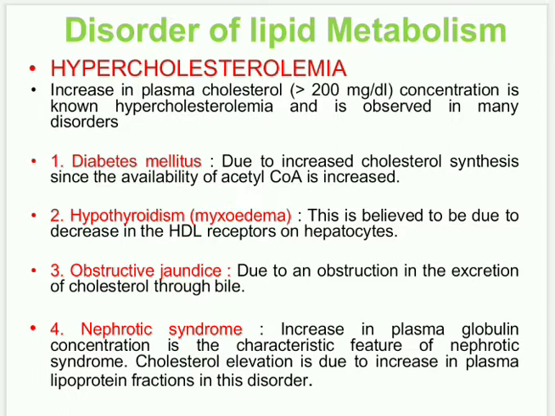Hypercholesterolemia means an increase in the plasma concentration of cholesterol above normal, that is, if the concentration of cholesterol is more than 200 milligrams per deciliter, this condition is called hypercholesterolemia. It is observed in many disorders such as diabetes mellitus, hypothyroidism, obstructive jaundice, and nephrotic syndrome.